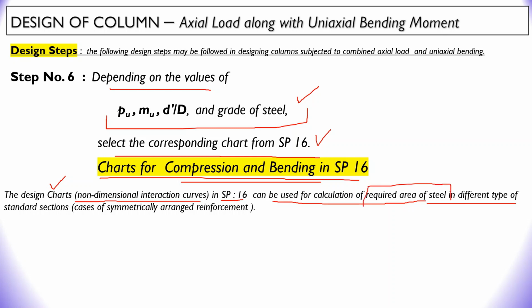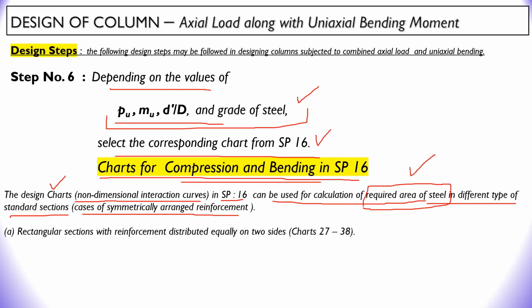Here we are going to use the charts for calculation of required area of steel in different standard types of section. Here we have to arrange the reinforcement in a symmetric way. SP16 has a number of charts, and all charts are based on these parameters, grade of steel as well as uniformly or symmetrically arranged reinforcement.